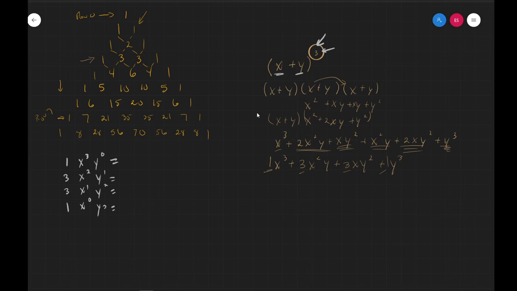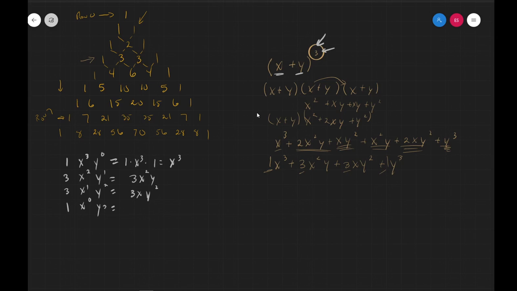So 1 times x cubed times y to the 0. Any number to the 0th power is always going to be 1. So 1 times x cubed times 1 is going to be x cubed. And then 3 times x squared times y to the first is going to be 3x squared y. 3 times x to the first times y squared is going to be 3xy squared.